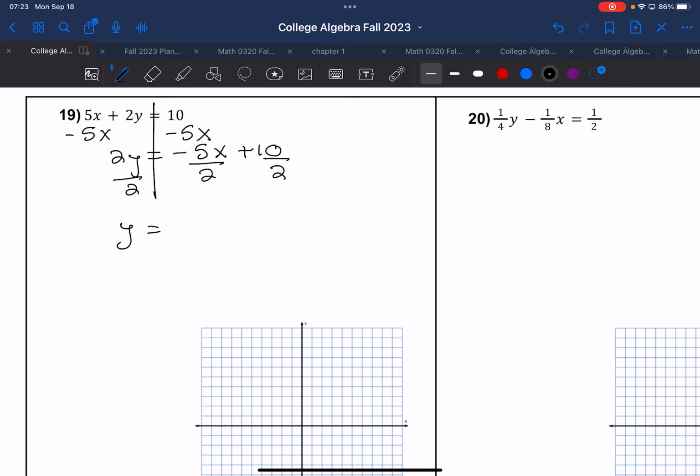So I get y is equal to negative 5 over 2x plus 5. So that means this negative 5 over 2 is our slope, which since we're graphing is written as rise over run. And then this 5 is our y-intercept written as the point 0, 5.